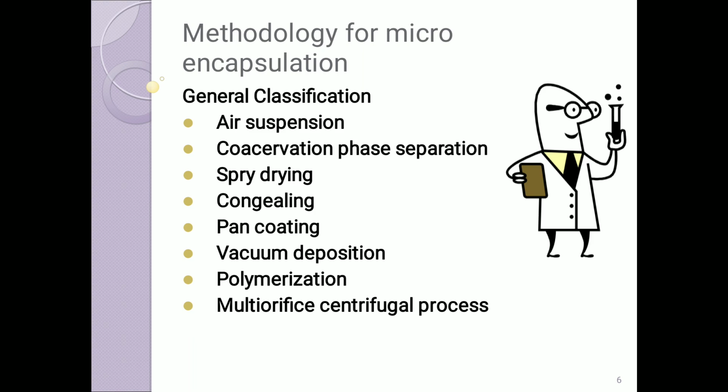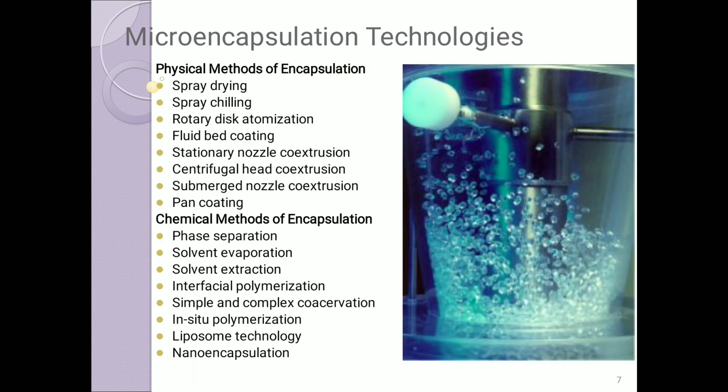In general classification: air suspension, coacervation phase separation, spray drying, congealing, pan coating, vacuum deposition, polymerization, multi-orifice centrifugal process, right? Otherwise, microencapsulation is classified according to the physical method of microencapsulation and the chemical method of microencapsulation.